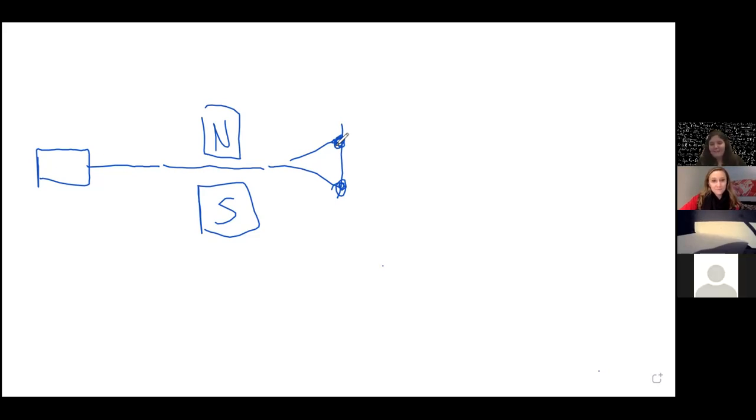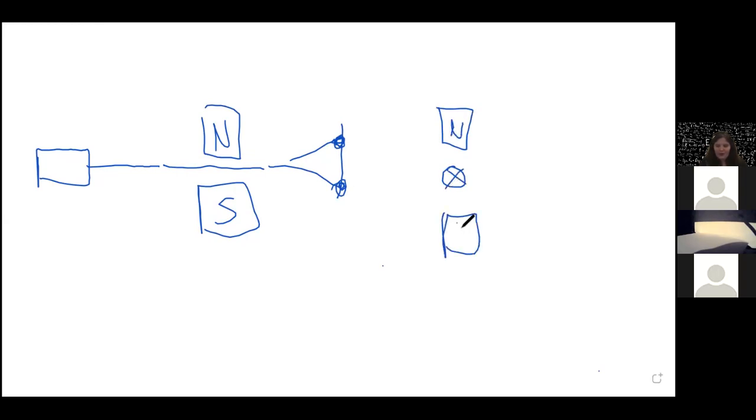I told you why they did it with the silver atoms. You can also, as you did too, measure this in different bases. As I drew it here, you would have the Z basis, because if you look from the front, you have north here and south here.